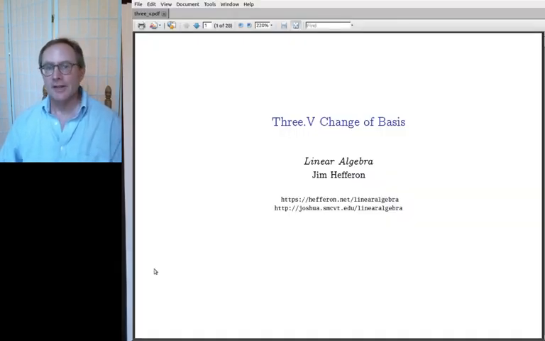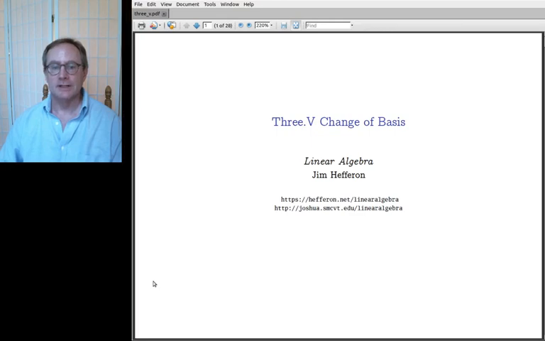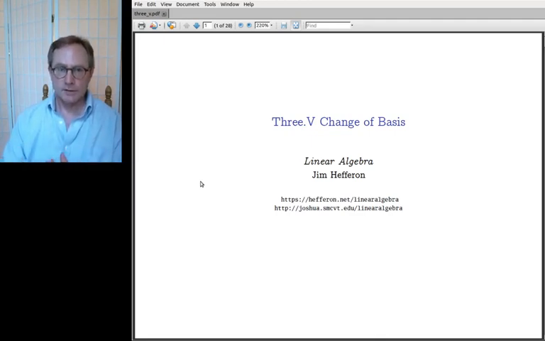Okay, so we're ready for the next section that we're going to talk about. We now have been working for some time with the ability to represent a vector with respect to a basis, and we have emphasized that somehow this representation is the computational aspect of an object.